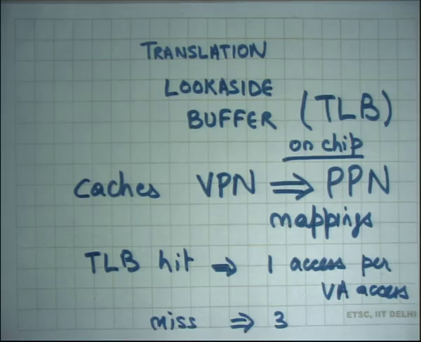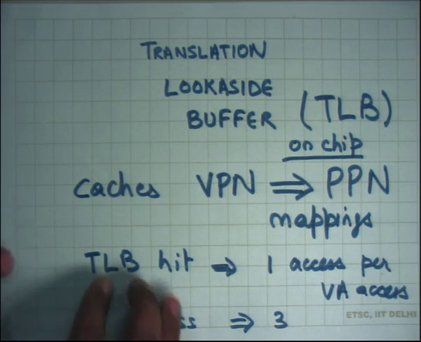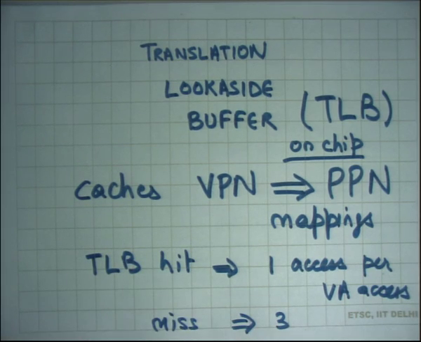One VPN to PPN entry is capturing locality of access within an entire page. So it's possible to have a small TLB and yet have hit rates of 99.9% or above, and that's the kind of hit rate you will want in such a system to have any acceptability of this paging idea.